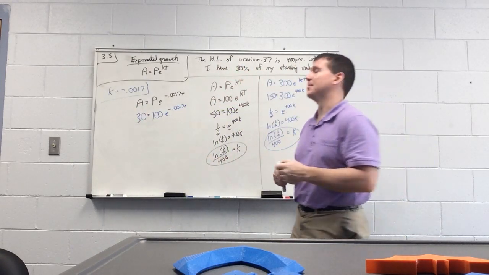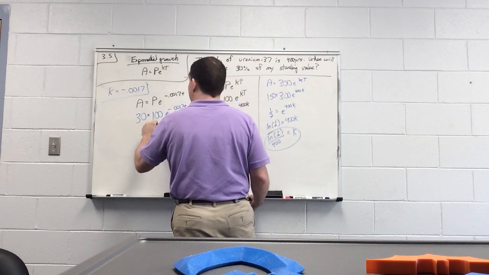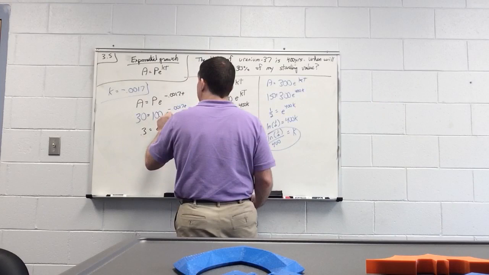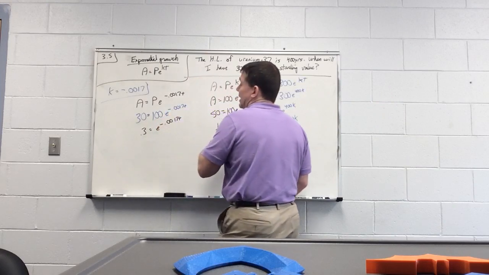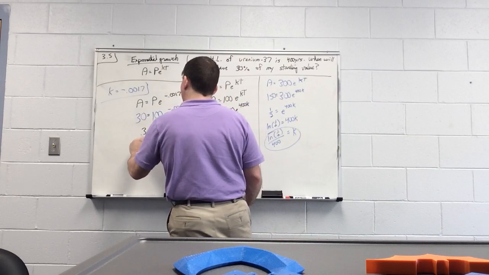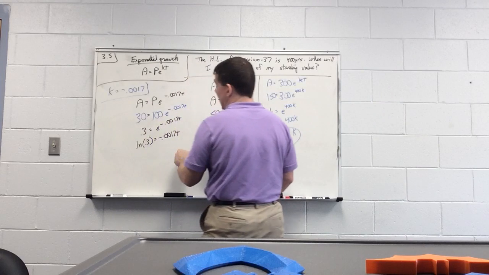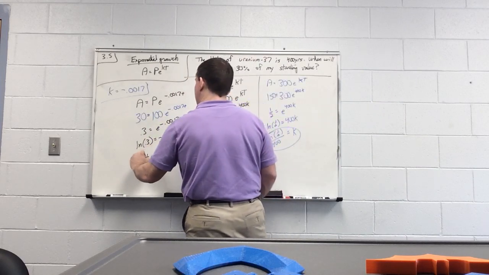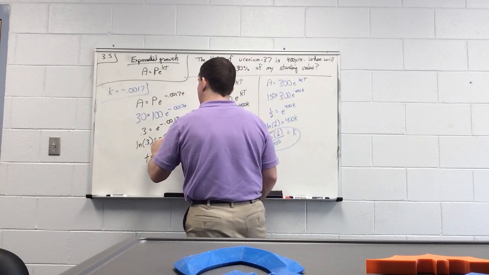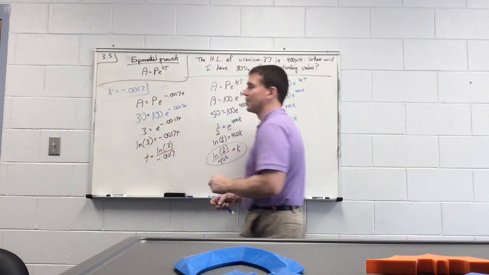Now I solve the problem. Divide the 100. 30 divided by 100 is 0.3 equals e to the negative 0.0017t. And do the exact same algebra as before. ln both sides. You get ln of 0.3 equals negative 0.0017t. Divide this. We get t is equal to ln of 0.3 divided by negative 0.0017.